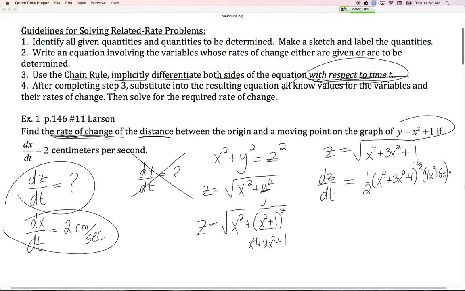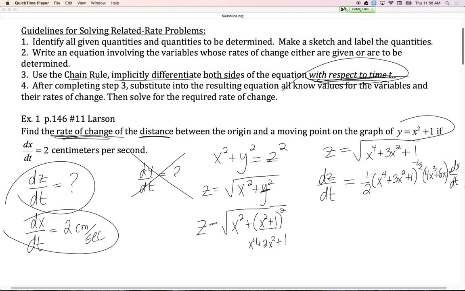Since we're doing with respect to time, we got to do every variable implicitly. There it is. You need that dx dt also. We will change it in a second. You need to represent it first, and then we will change it, because they will give you points for that.